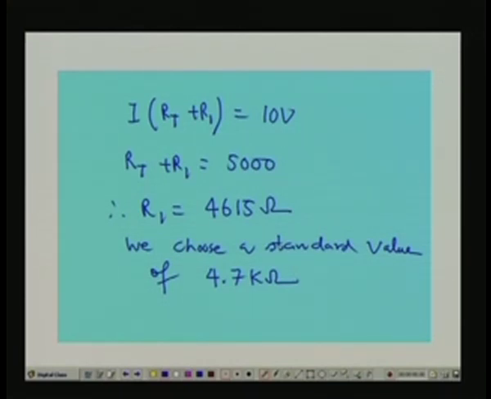Now, as temperature increases, the value of the resistance increases, but still that does not introduce much error. This resistance may also increase, but it is not that temperature sensitive.